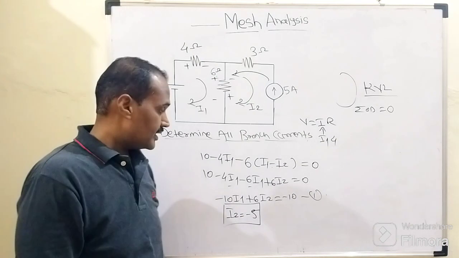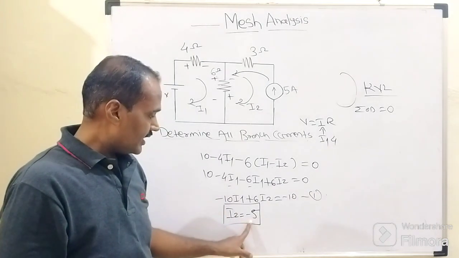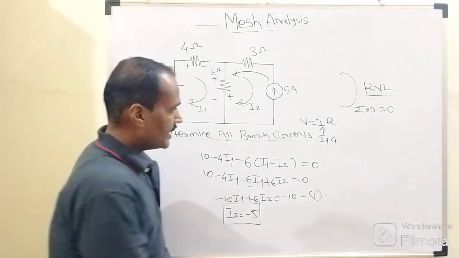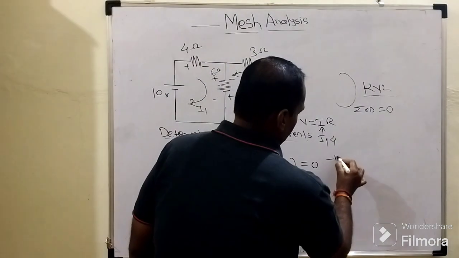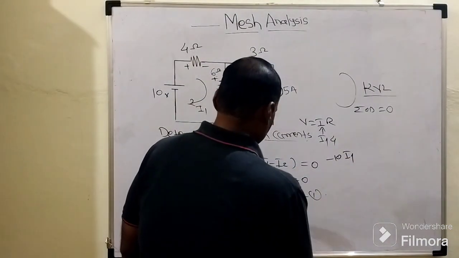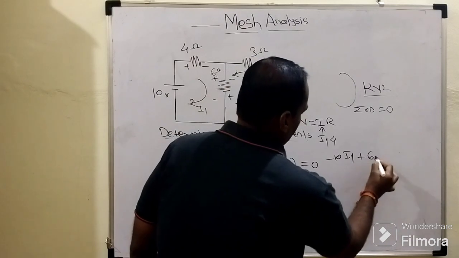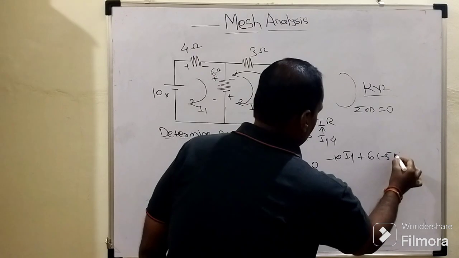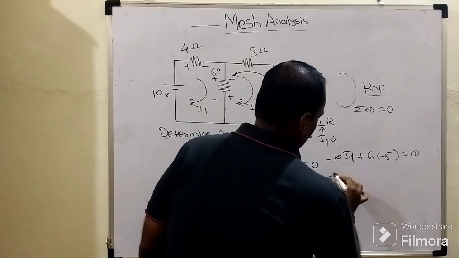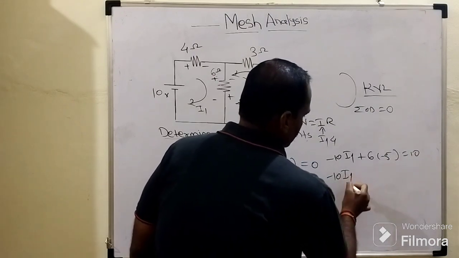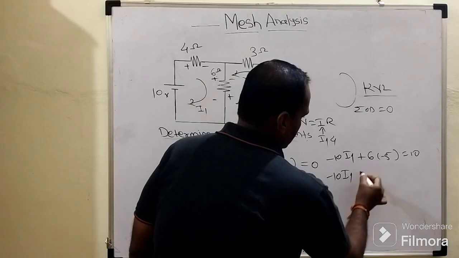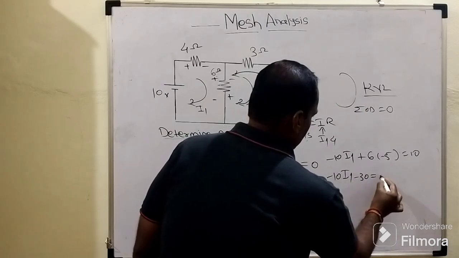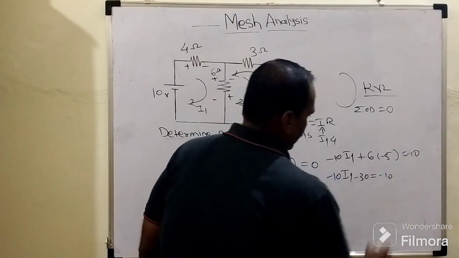Then in order to determine the branch current, when we substitute this desired value of I2 into that equation number 1, we are getting minus 10 times of I1 plus 6 into I2, which is minus 5, equals to minus 10. So obviously it will become minus 10 times of I1, 6 5s are 30, minus 30 equals to minus 10 here, right?